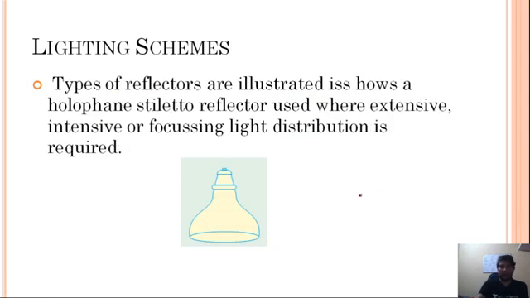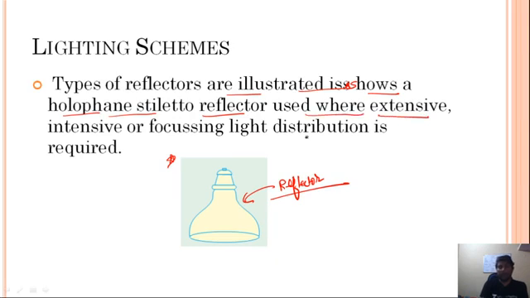Okay, so there are different types of reflectors. The types of reflectors are illustrated here: a hollow pan, and so on. Specular reflectors are used where intensive, focused light distribution is required.